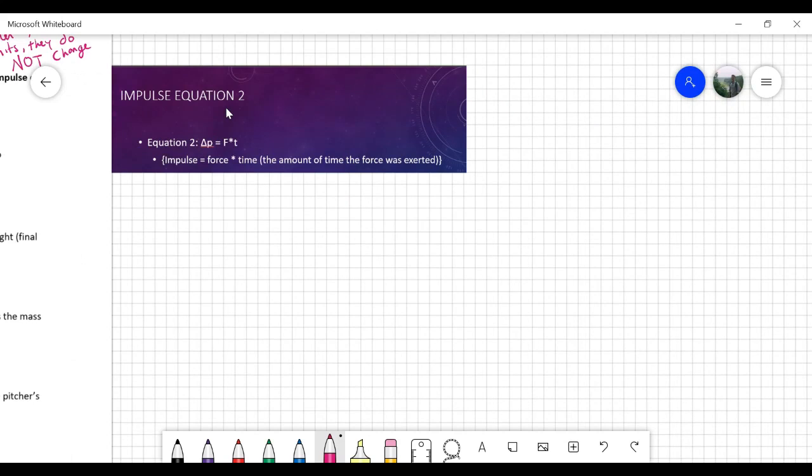Alright, so this equation, if you remember, Newton's first law, way back when, we talked about this before winter break. An object in motion will stay in motion unless acted upon by an outside force.